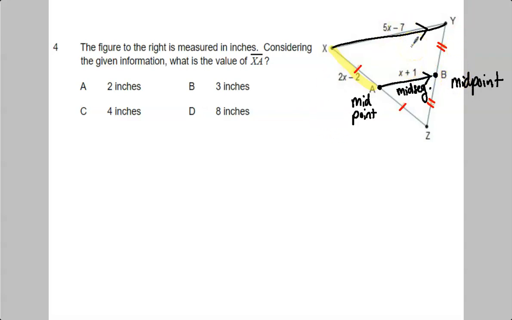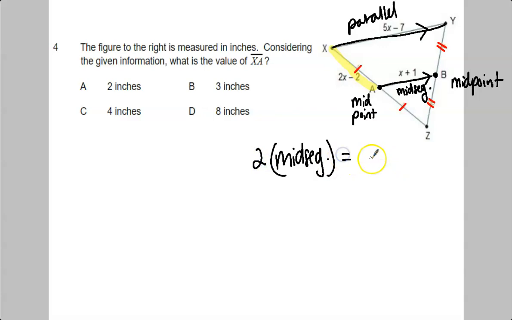Okay, so then we had to remember a relationship between the mid-segment and the parallel side. If you remember correctly, the big one is the parallel side. So if I take the mid-segment and I double it, it's going to be the length of the parallel side.